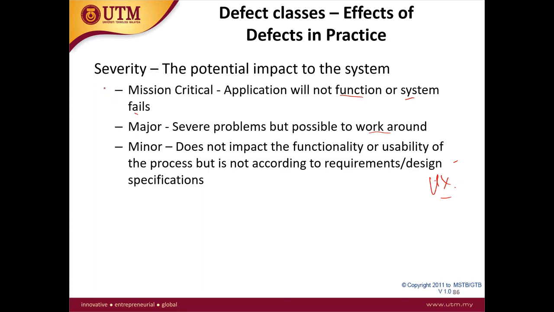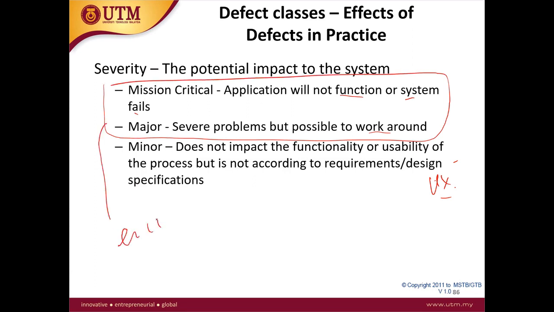I think you still remember about the exit criteria. So we put this in our exit criteria. For example, 100% of mission critical and 95% of major, or maybe 100% of mission critical and major defects are solved.